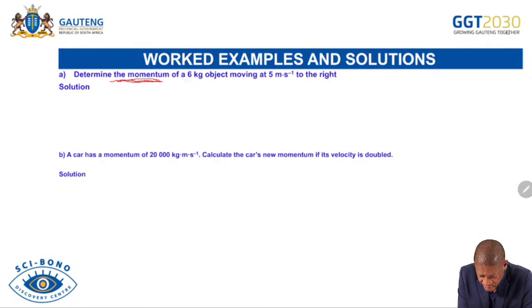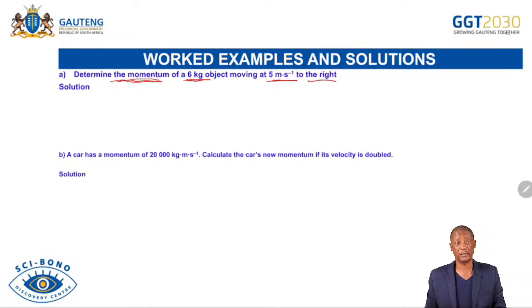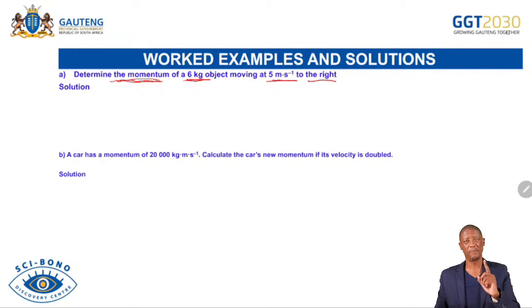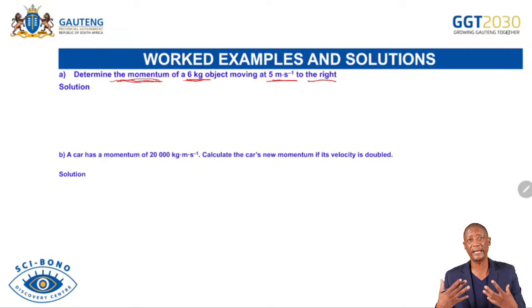Of a mass of 6 kg, of an object moving at 5 meters per second to the right. Now we are given the direction. Remember, momentum has to have a direction. Now, I've underlined, isn't it so? Do you see, as I'm reading, I'm underlining so that I understand what I am talking about, or I am collecting the data that I've been given.